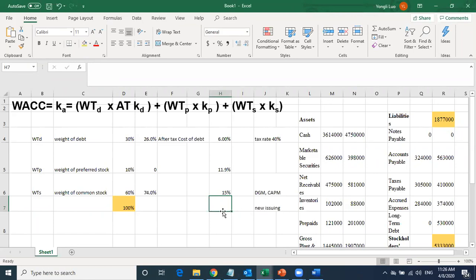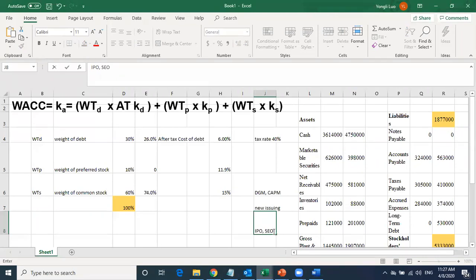Remember at the very beginning, we talked about two types of new issuing: one is the IPO, initial public offering, and the other is the seasoned equity offering, SEO.